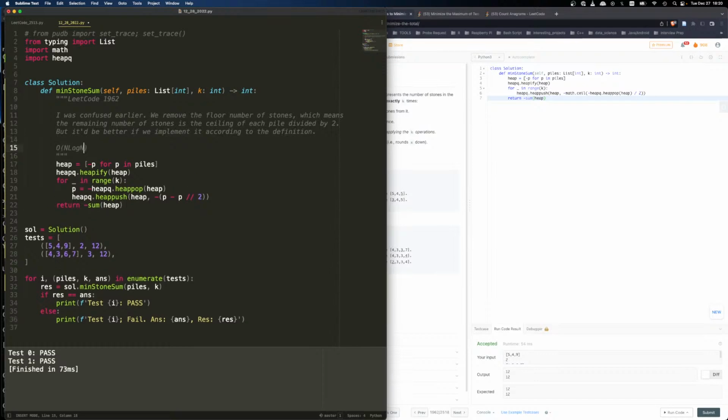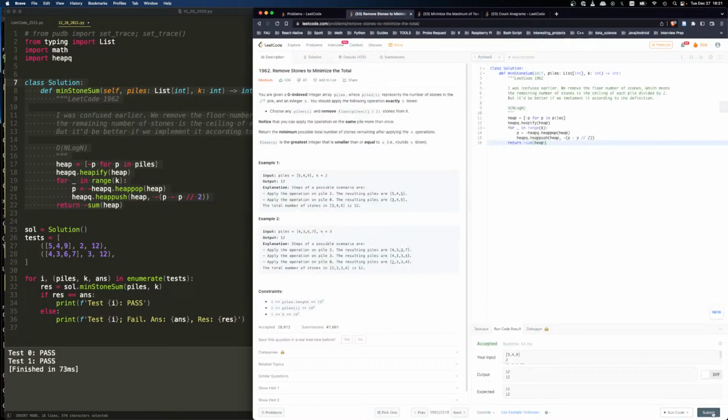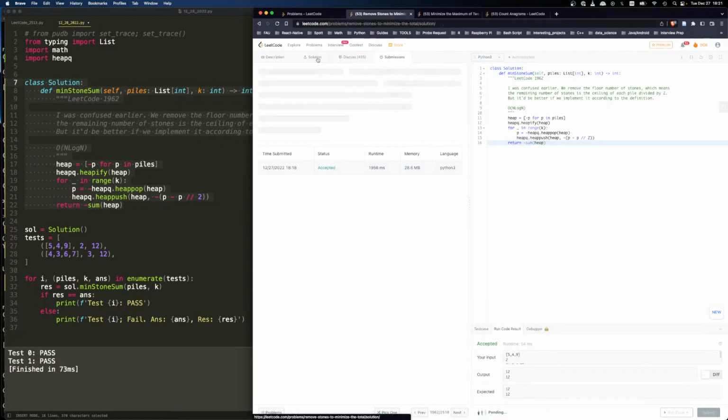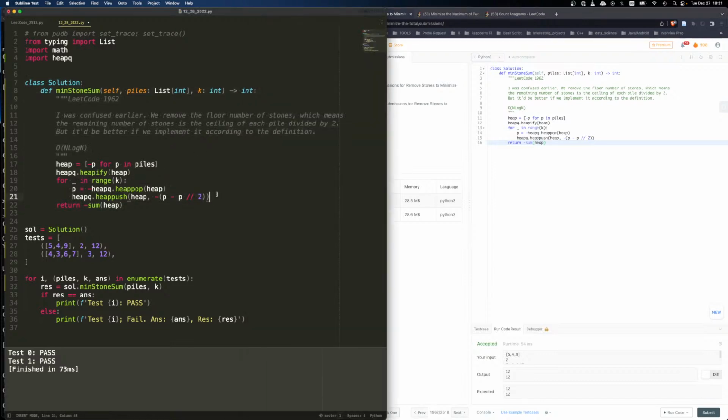And log n, right? Yeah, let's do this. I don't know why, maybe the ceiling? I don't think so. Divided by 2 might be faster than calling the ceiling and the floor.